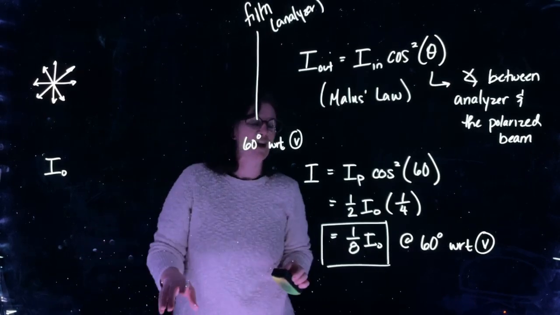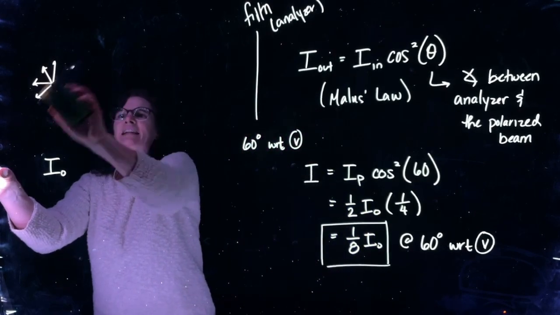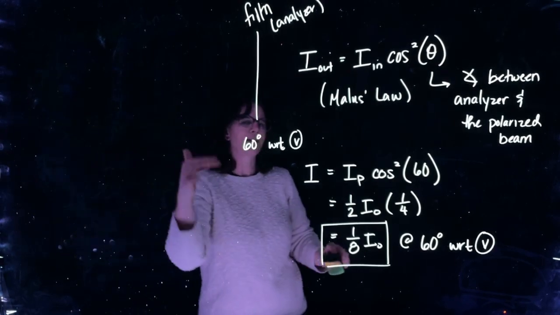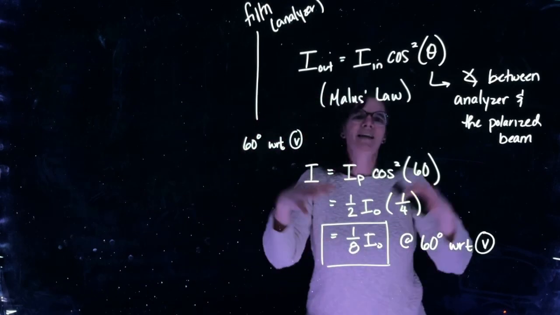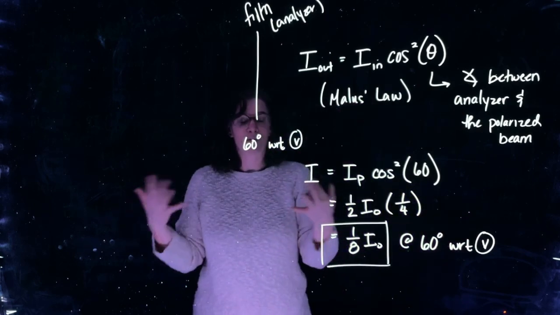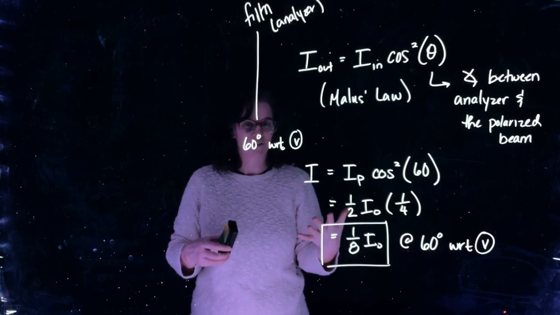It bends due to refraction. We'll get to that in a different video. But some of that light is reflected. And it turns out that a lot of that light is reflected horizontal to the surface. And so in the case of water, that's Earth horizontal. And so therefore it is reflected with a polarization that's predominantly horizontal.